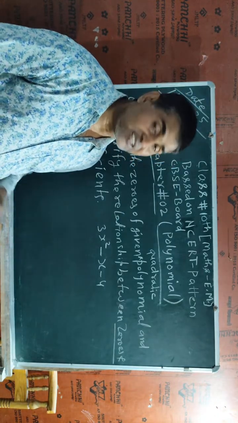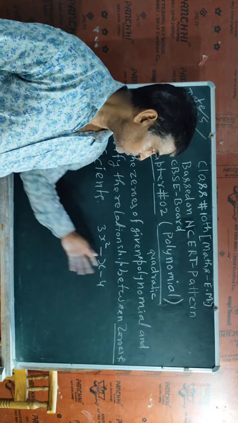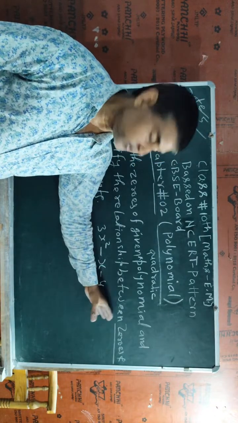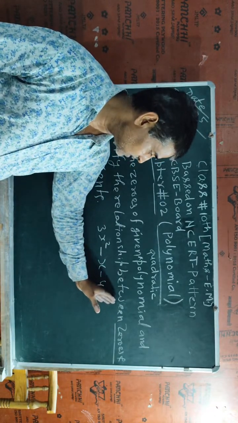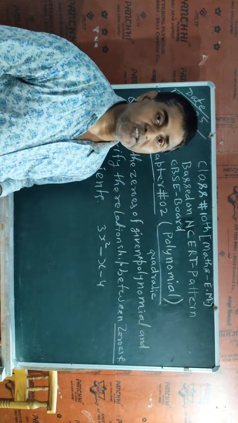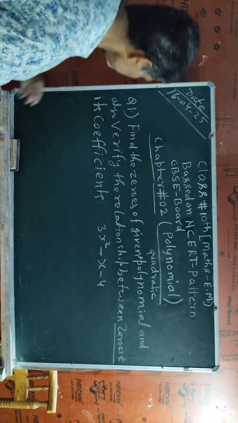If both conditions are correct, so you will see the coefficient of the given polynomial, in other words, the relationship between the zeros of the given polynomial and its coefficient is verified. Okay, student. So one by one, I am going to solve it.